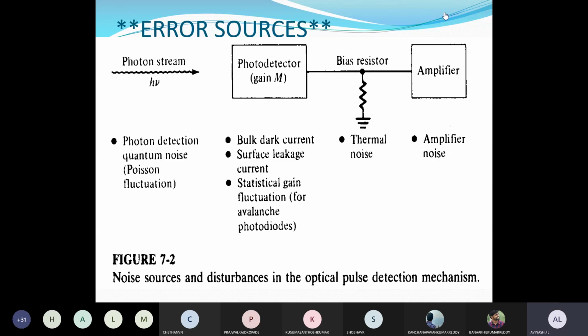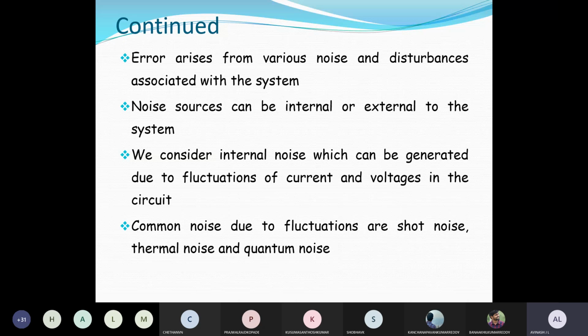Okay, I hope that you people have taken this particular diagram. Here is the explanation of the diagram. Error arises from various noises and disturbances associated with the system.